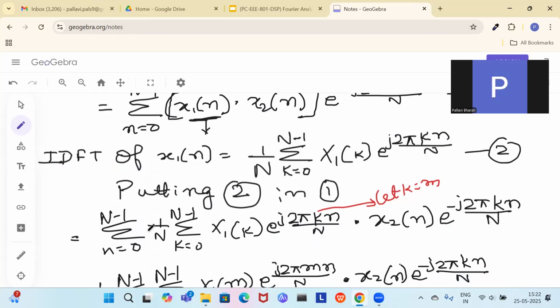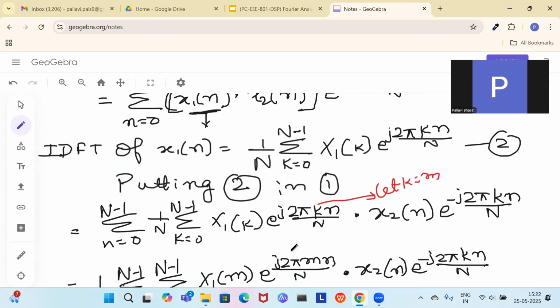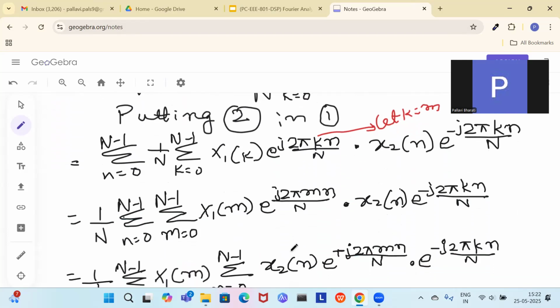After that, the things that follow is basically the changing of the order of summation. So this k over here, x1k e to the power j2 pi k n by n. So this k and this k were matching. So that's why we changed this k to m. Thereafter, we are just making it 1 by n, this is a constant thing, so we kept it outside.